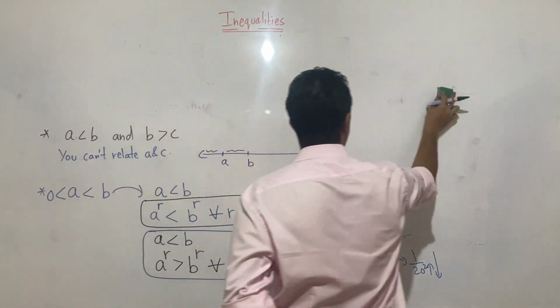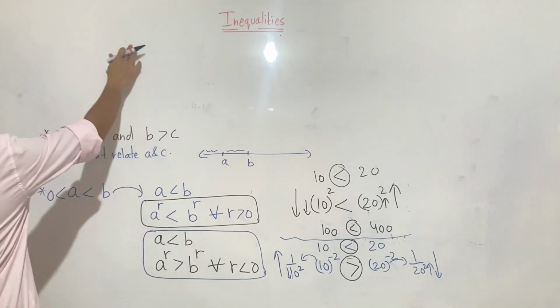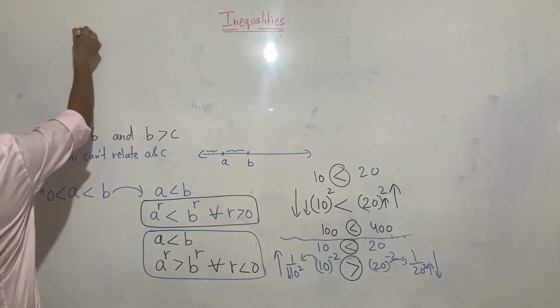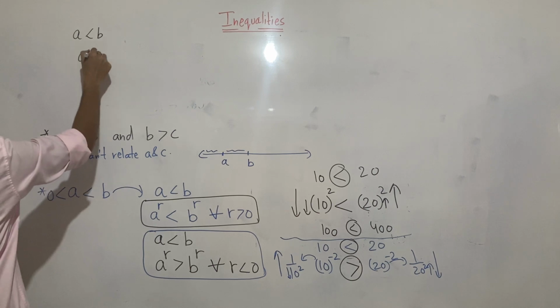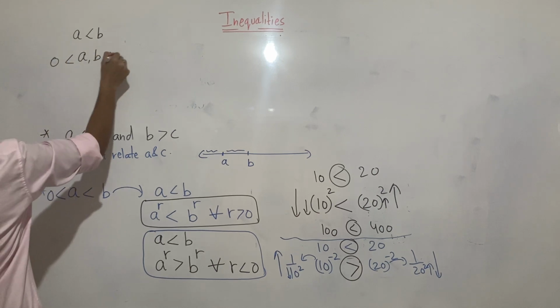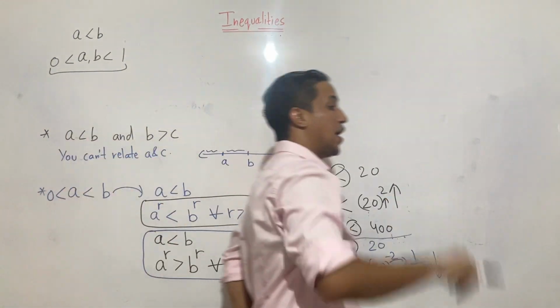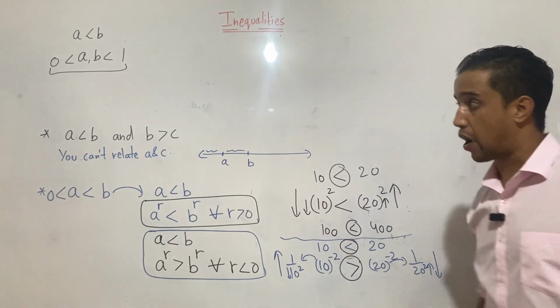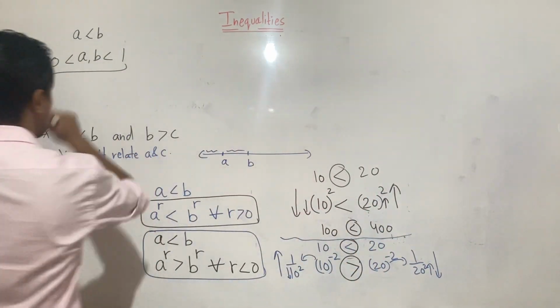What is that? Now, it's also possible that this is the given inequality, a is less than b, and here a and b lie between 0 and 1. Now, this thing will take you back to exponential functions, right? Because we have done this there too. So in this case, what would happen?